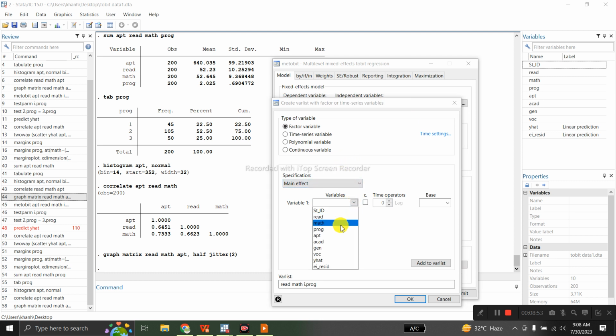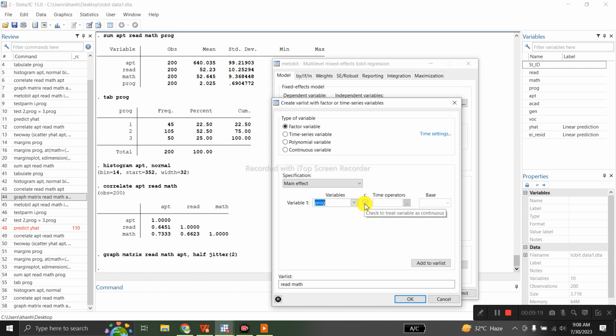and one of my independent variables is reading score, which is continuous. I will check this box, and I will add to the variable list, and then I will add another variable, that is math. This is also continuous. And finally I have one categorical variable.